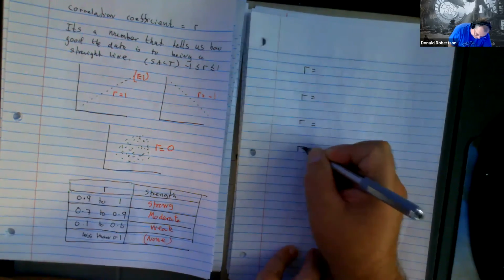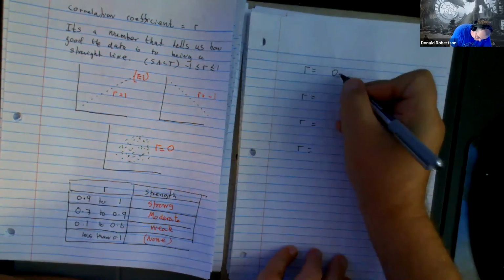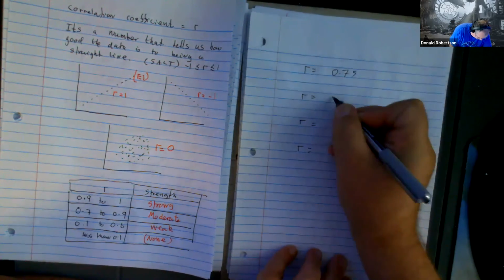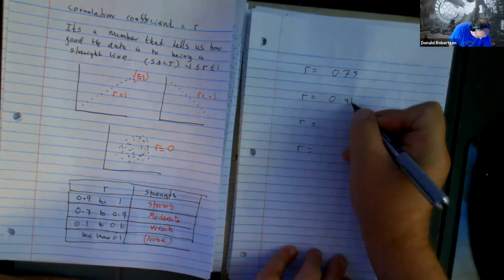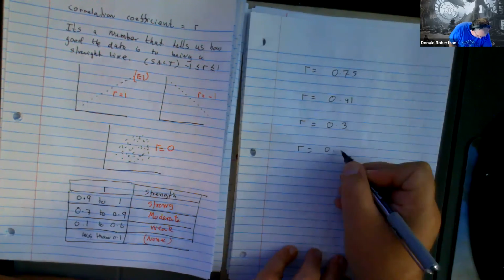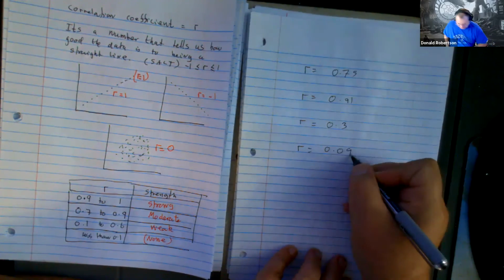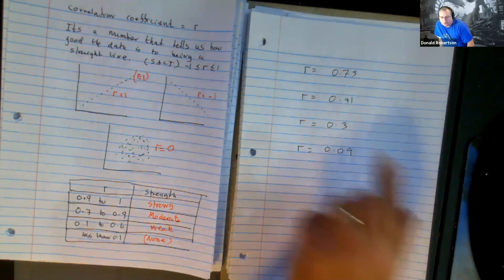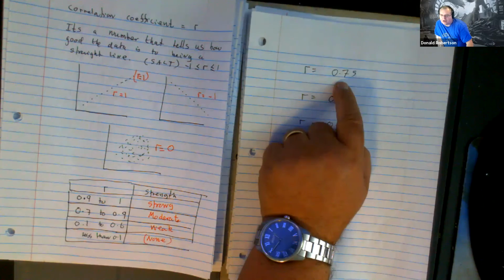And this one is 0.75, 0.91, 0.3, and 0.09. How would you describe the first scatter plot if that was its correlation coefficient? Moderate.